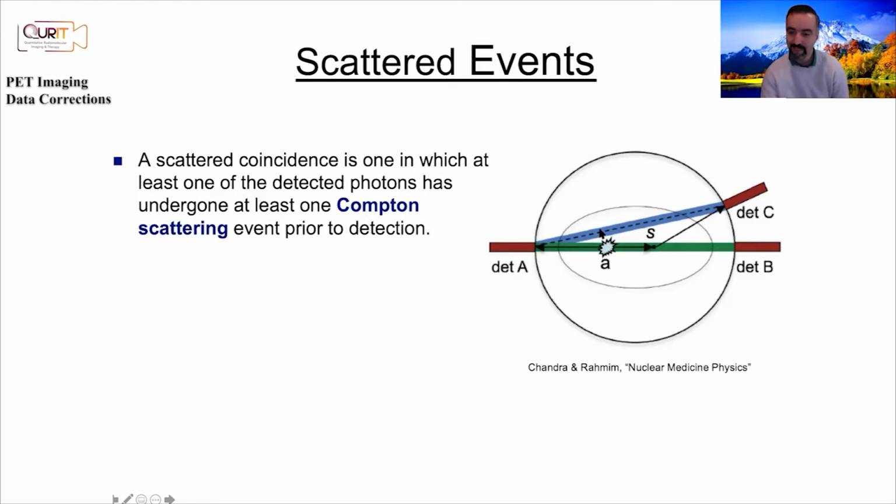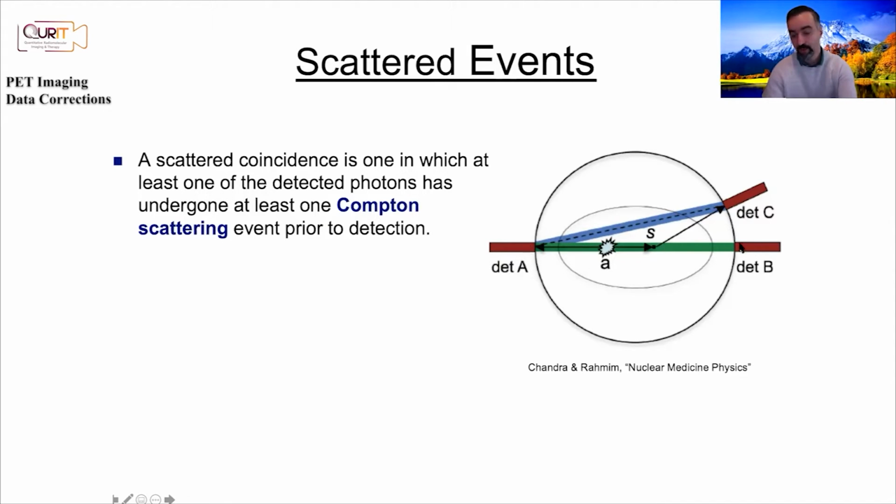But now suddenly we have gained a new line of response, and that new line of response is going to confuse the system because it's going to think, oh, wait a minute, I got an event here, I got an event here, I'm going to draw a line of response here, but that is not the correct line of response. So you've lost something here, so you have to do attenuation correction, but you've also gained something here. Now you have to subtract that, or figure that out, get rid of that event.